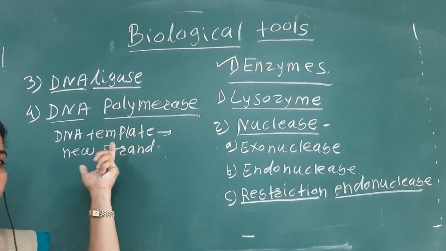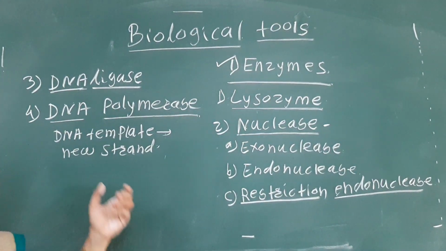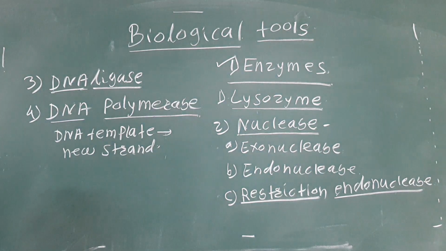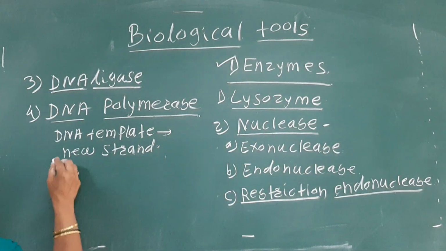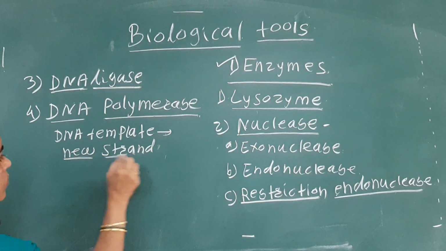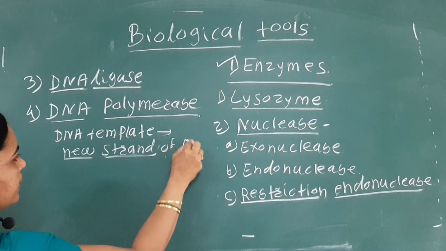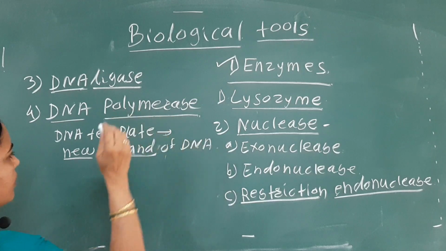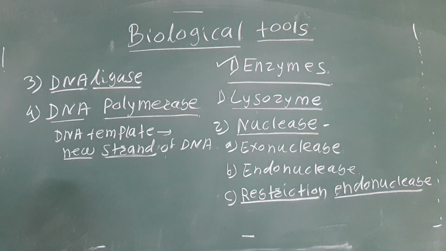It is mainly used for the synthesis of the new DNA strand, that is the new strand of DNA, on the template DNA. And then the fifth enzyme is the reverse transcriptase enzyme.